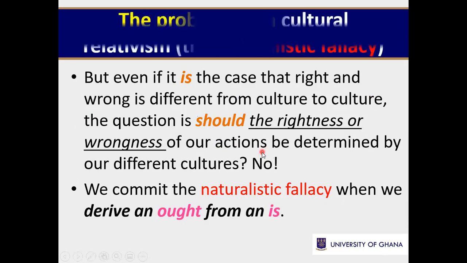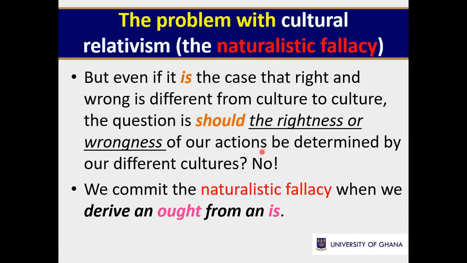You'll be creating a fallacy. Look, the problem with cultural relativism, when you argue that because cultures are different, therefore what is right or wrong in culture should also be different. Should is a prescription. Then we will say you are committing the naturalistic fallacy. You are moving from what is the case to what should be the case. See? So I write something here.